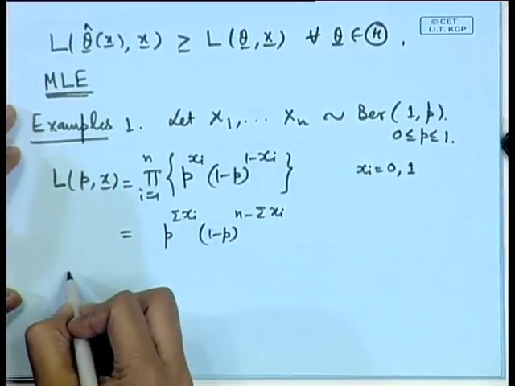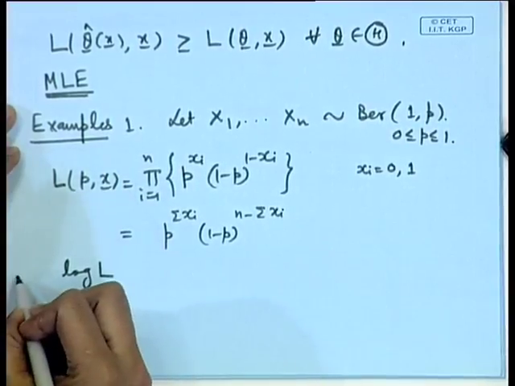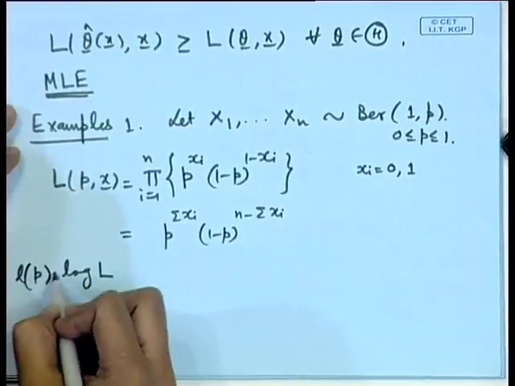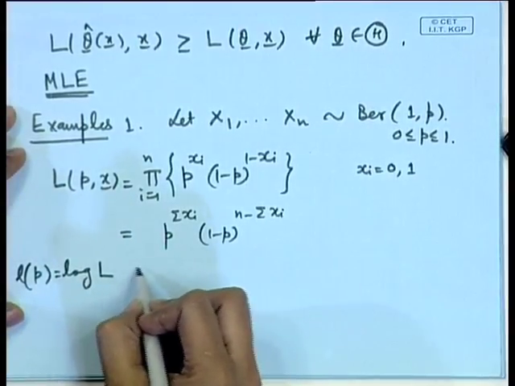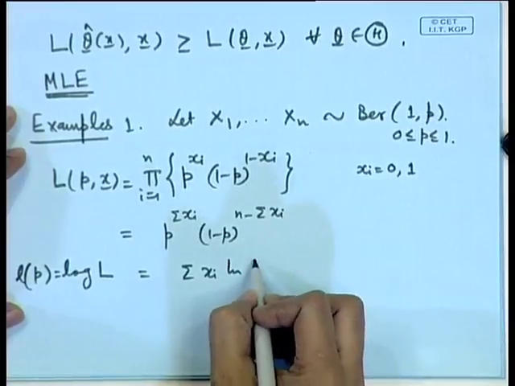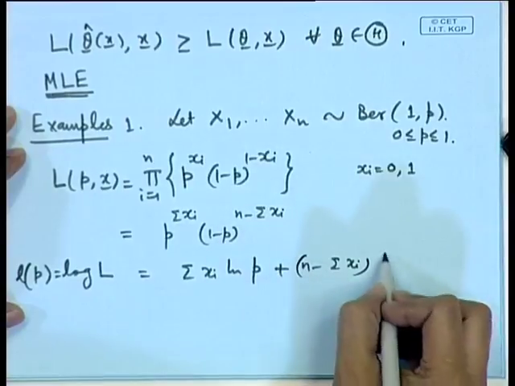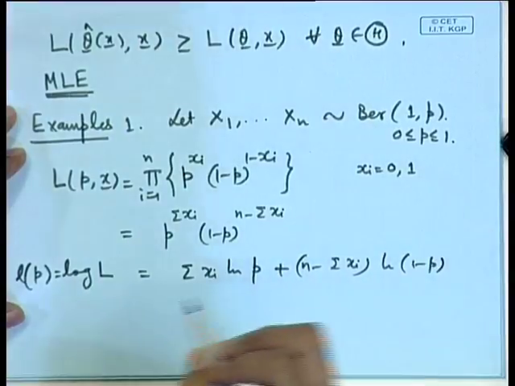So, what we can do, we can consider log of L, which I call small l(p), that is equal to sigma xi log p plus (n minus sigma xi) log of (1 minus p).